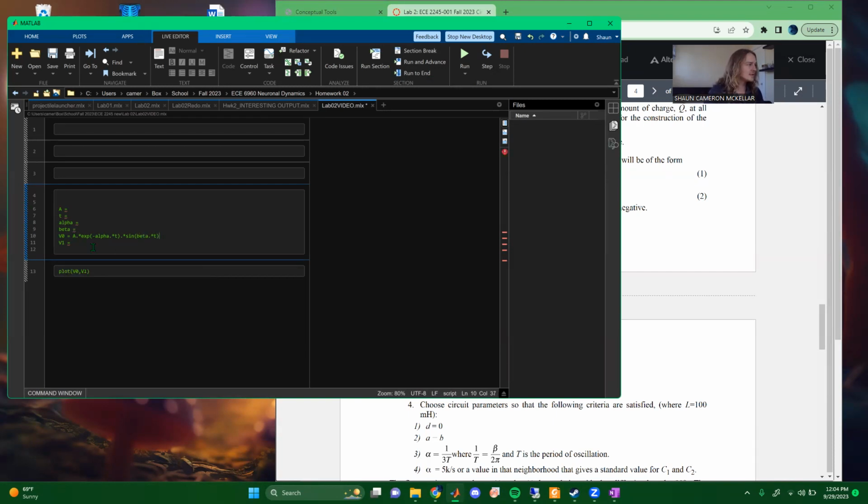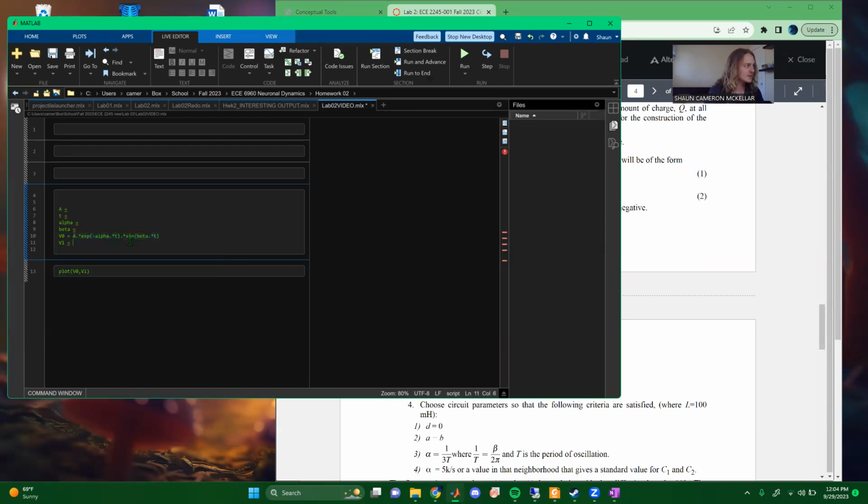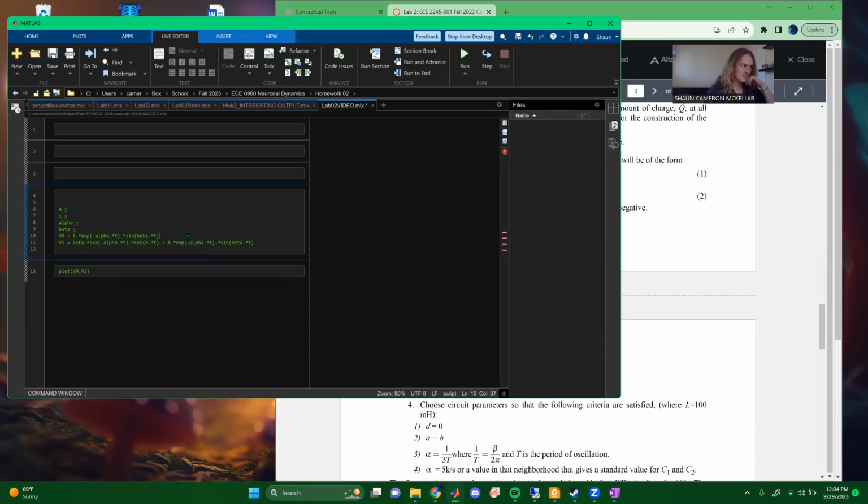Okay, so I see that v1 also depends on these decaying sinusoids. So I'll just copy that twice. And I have to fill in the blanks. I know that my a will become a b here. This will be a cosine. That handles this stuff. And I should have a b right here. So instead of a beta, this should be a b.